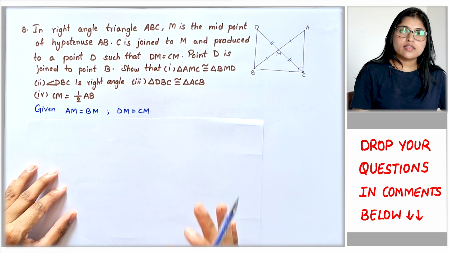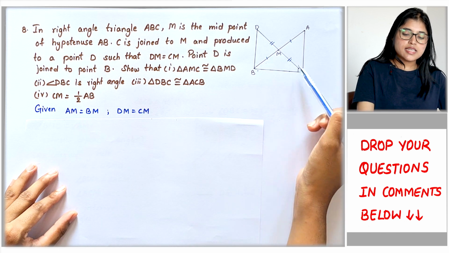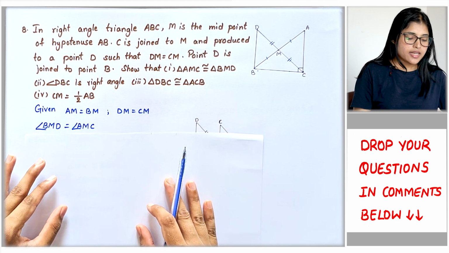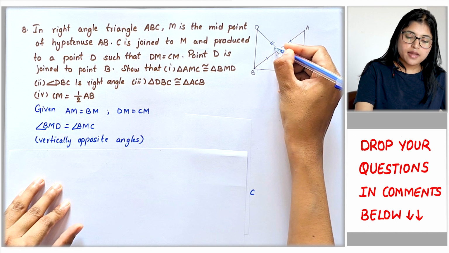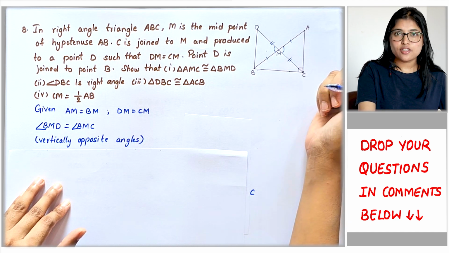Let's start with writing down what's given to us. So AM equals BM and CM equals DM. Next, I can write angle BMD, that is this angle, is equal to this angle, because these two are vertically opposite angles.